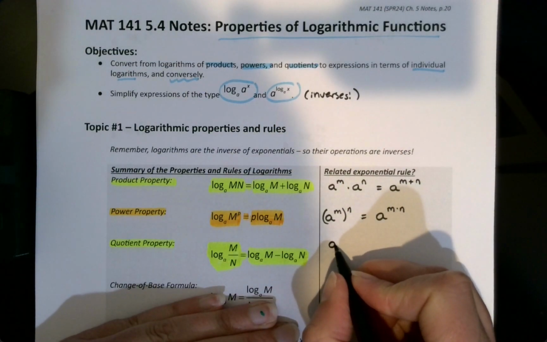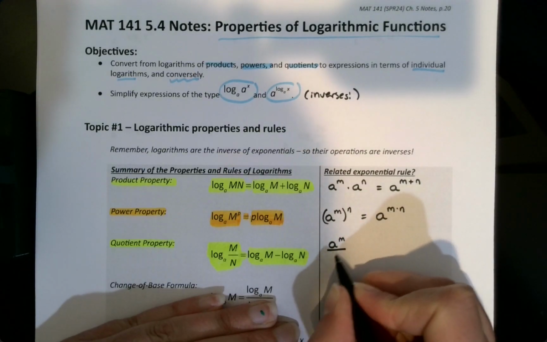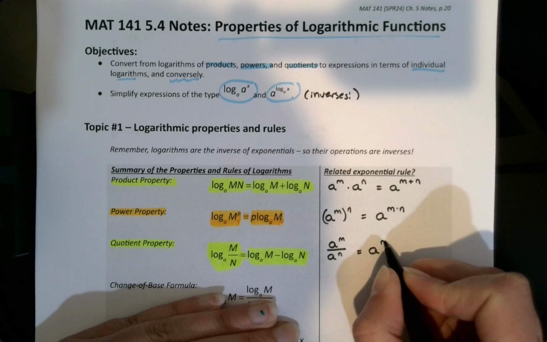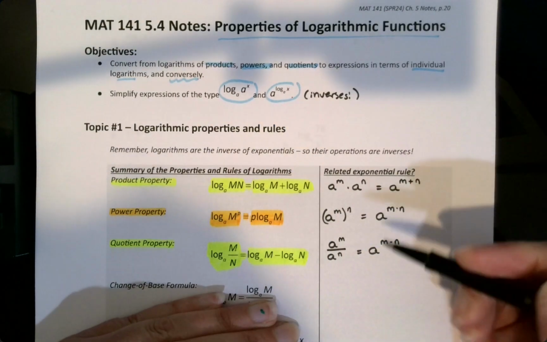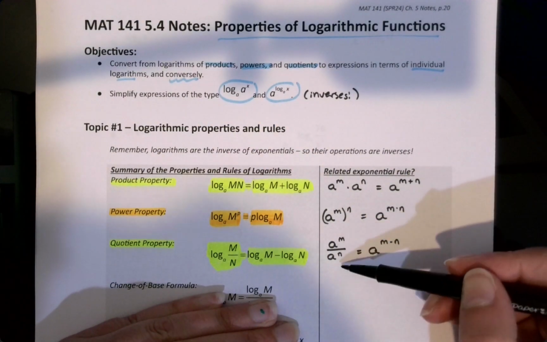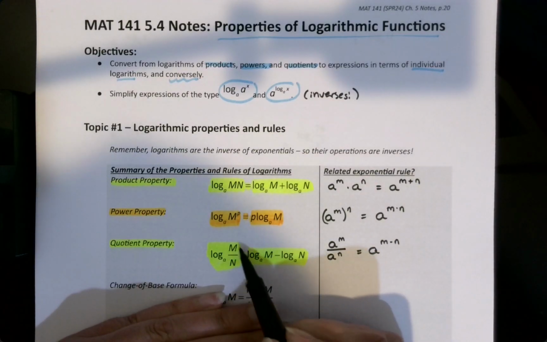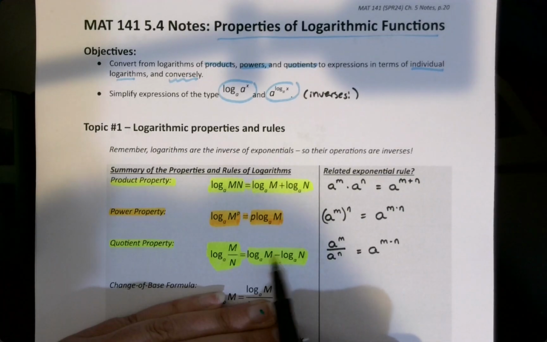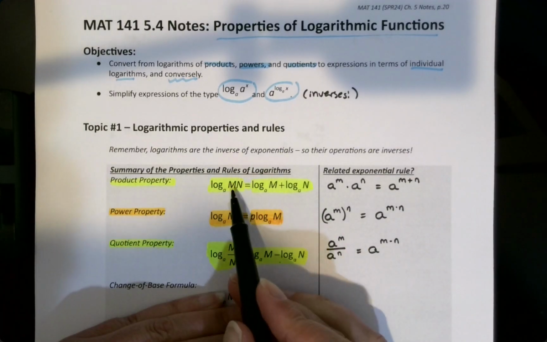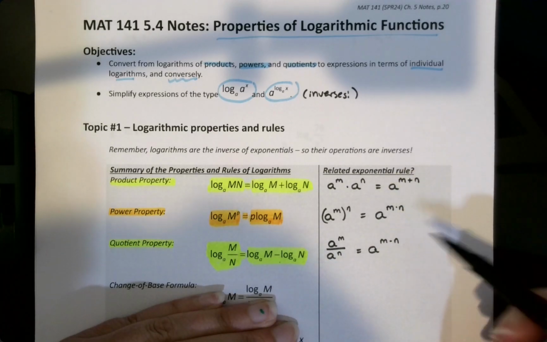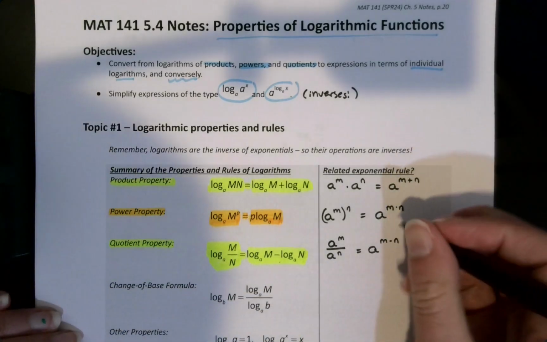This is similar to the exponential property: a to the m over a to the n is equal to a to the m minus n. We know that in exponents, if we have division by the same base, we're going to subtract the powers. Again, here, if we have division, we're going to subtract the powers. Similarly, multiplication turns to addition, division turns to subtraction, just like it did with the exponent rules.